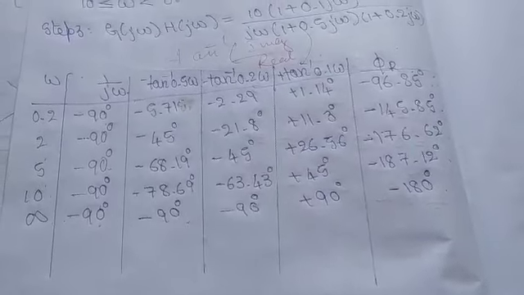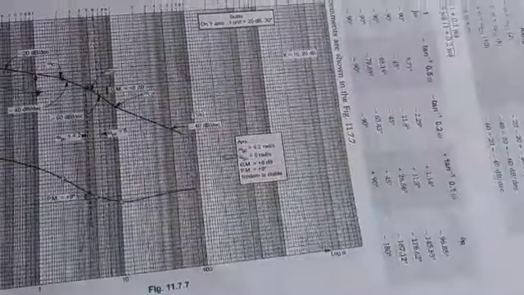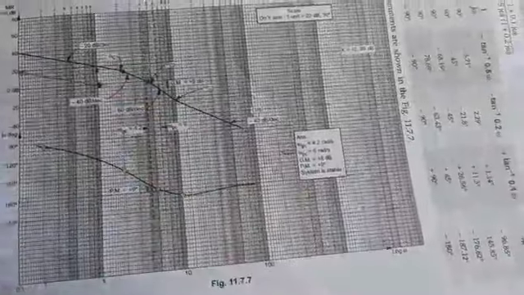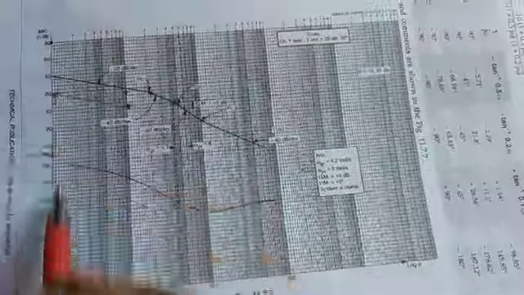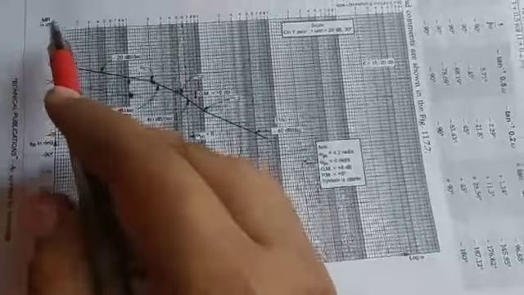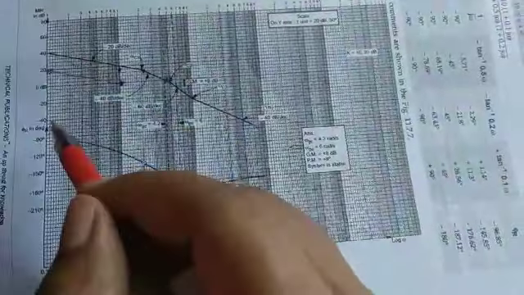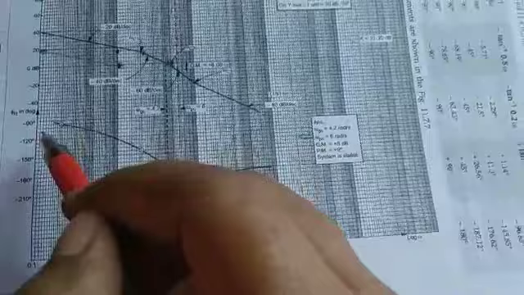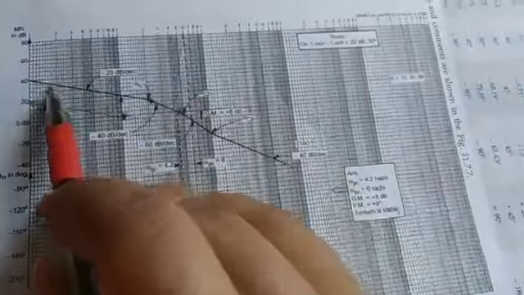Next, you need to draw the Bode plot, a semi-log graph. How to draw it? First the x-axis and y-axis. The x-axis is log omega, and on the y-axis you have two plots, magnitude and phase angle. First we draw the magnitude part.